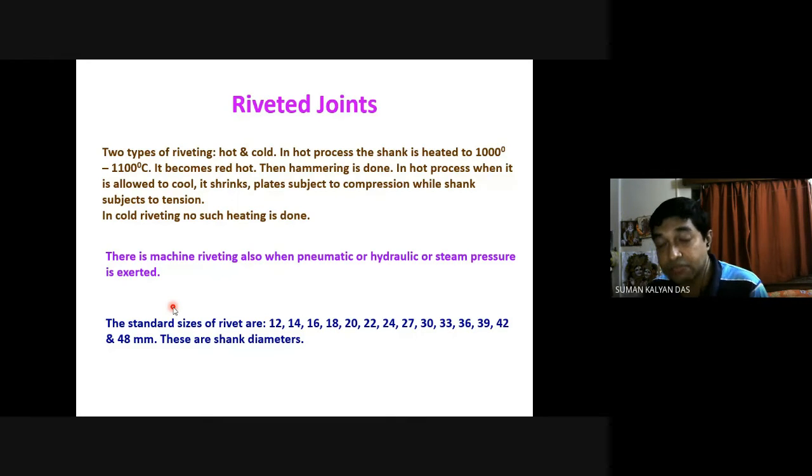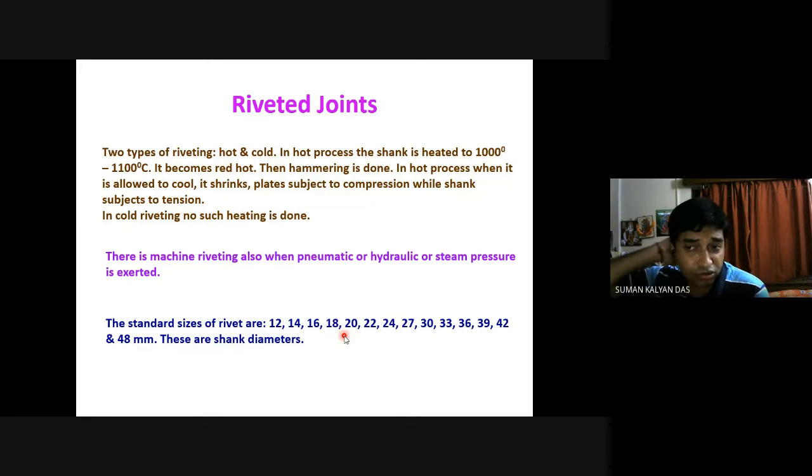When there is a standard component, the size of that component is also standardized, isn't it? So that's why the standard sizes of the rivets are these. These sizes are nothing but the shank diameter. The shank diameter is the diameter with which a rivet is specified. Suppose you are a design engineer and you found out that 20 mm shank dia will be sufficient for your system.